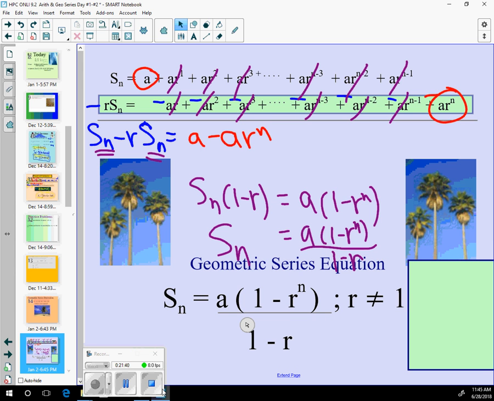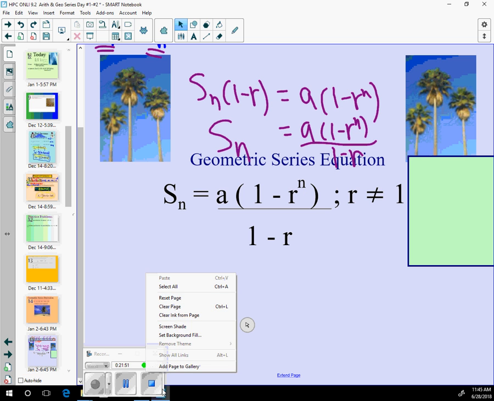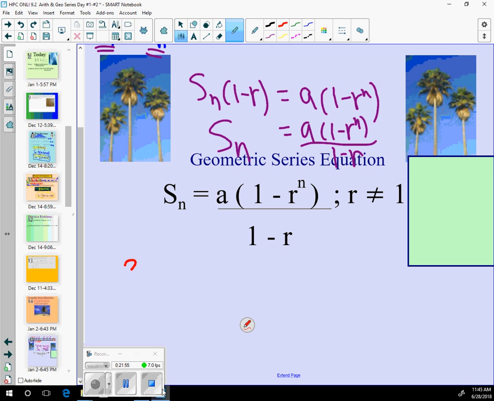for geometric. The ratio can't be 1 because if the ratio is 1, you can't tell it from an arithmetic. So let's say you had 3. You can't tell an arithmetic from a geometric. 3 plus 3 plus 3 plus 3. Is that arithmetic or geometric? Well, I'm adding 0 or I'm multiplying by 1.